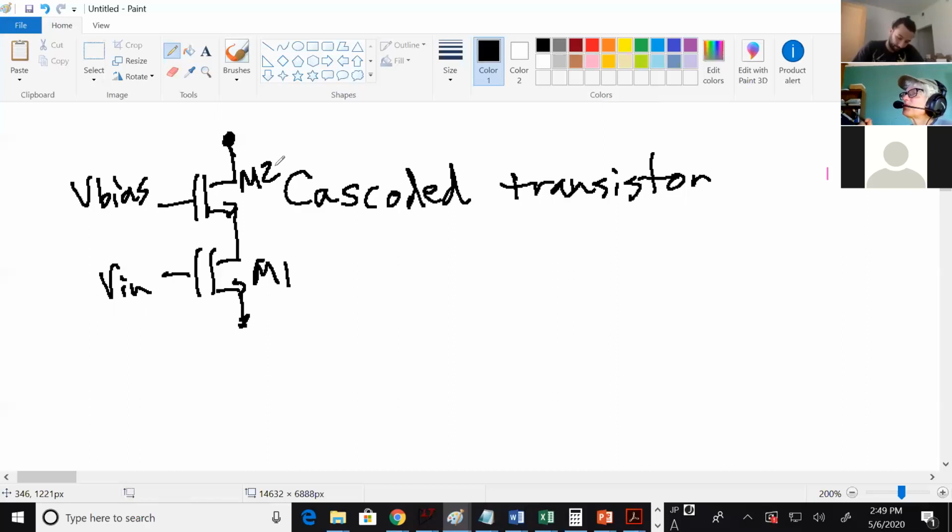And use subscripts so you can keep track of what value belongs to which transistor.